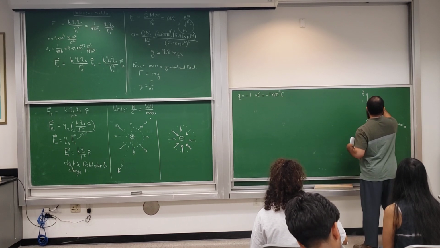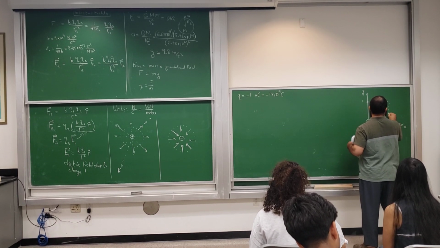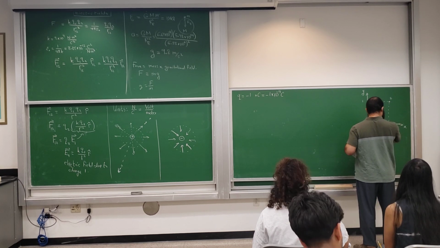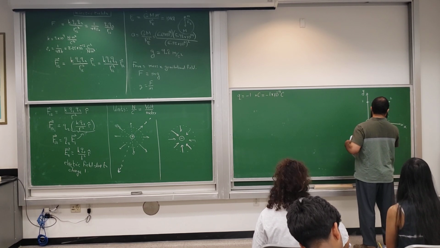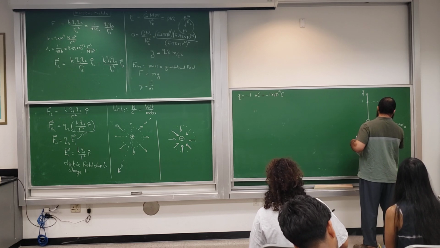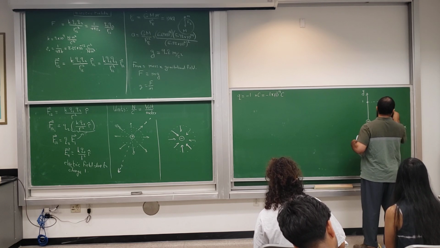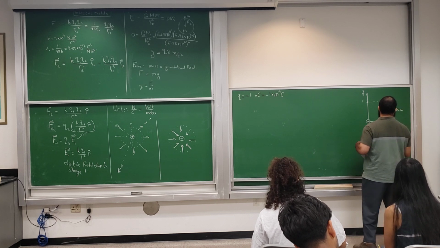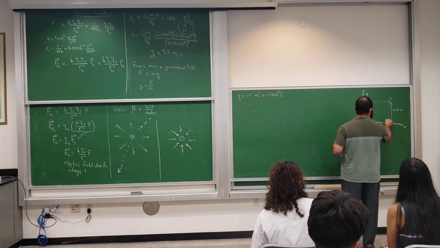We would like to know what's the electric field at this point, at point 1. What's the electric field at point 2? Okay? And given that this distance is 0.02 meters, and this distance is 0.02 meters. And it's a square.